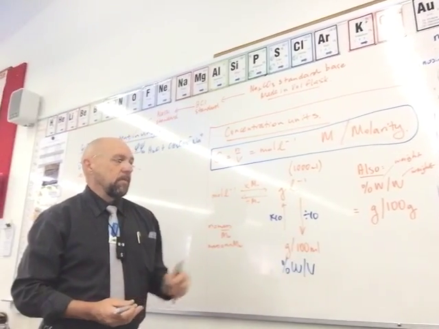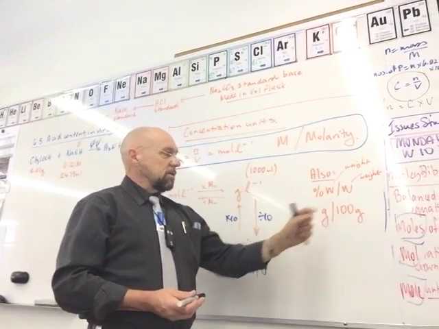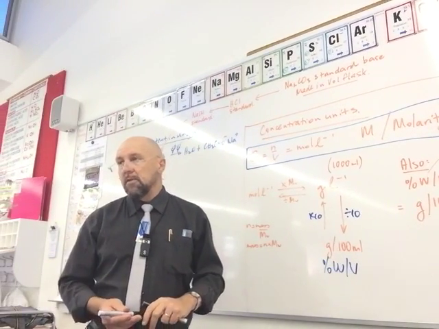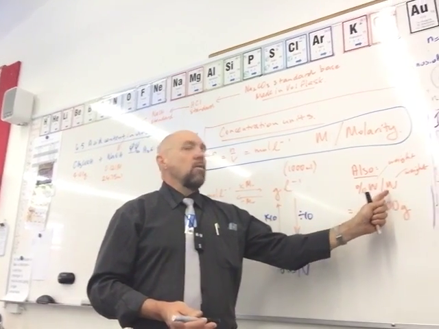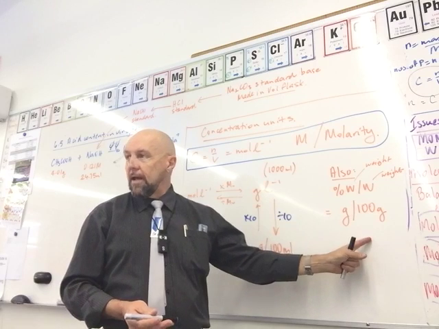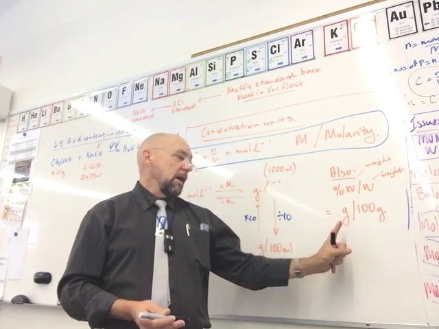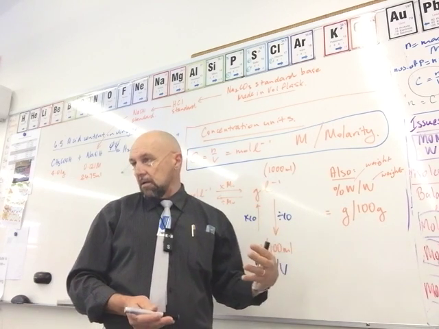Now here's the issue with this experiment. It's another unit that doesn't appear officially in the course outline, but it's percentage weight by weight, grams per 100 grams. So the practical that we're doing at stage 1 says, how many grams of acetic acid is there for every 100 grams of vinegar?